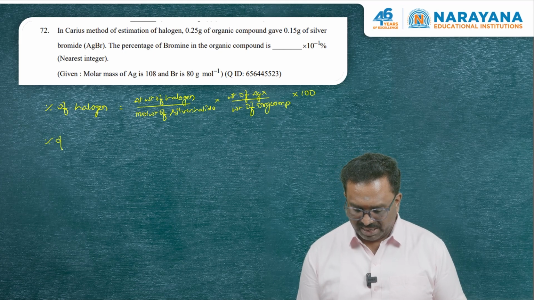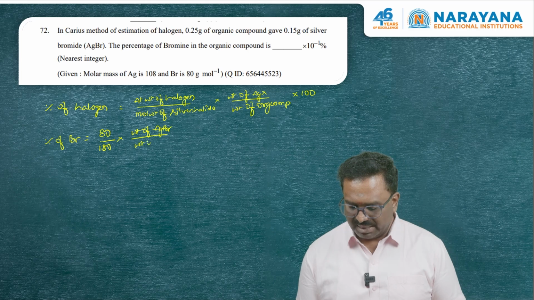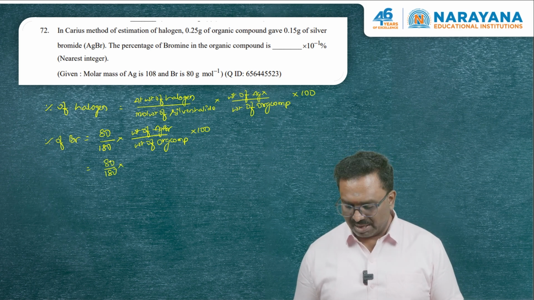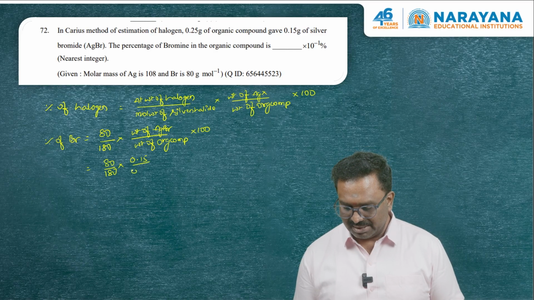Now for the bromine, percentage of bromine, bromine atomic weight is 80 by 188 into the weight of silver bromide by the weight of organic compound given into 100. So this is 80 by 188 into weight of the silver bromide was given 0.15 by 0.25 into 100.